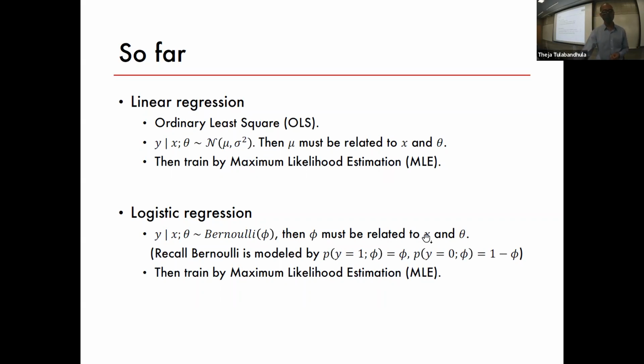And phi will be related to x and theta, whatever is given. The perpendicular sign just means the things on the right-hand side are not random variables, or the values are given, so we don't have to model them explicitly.